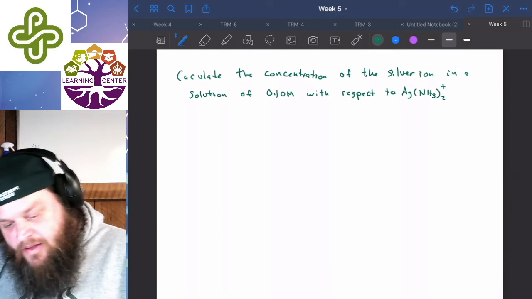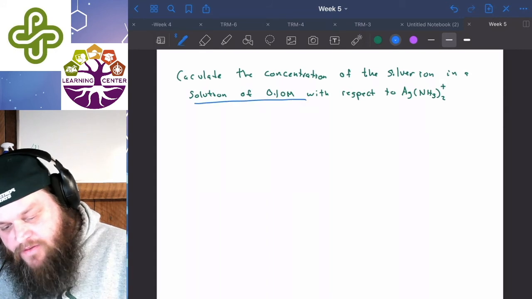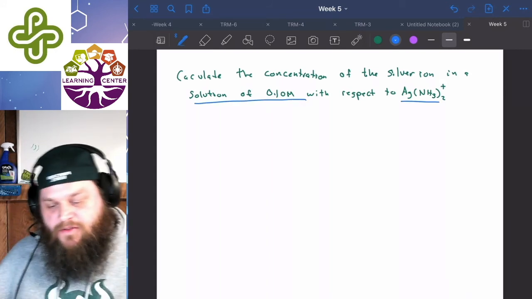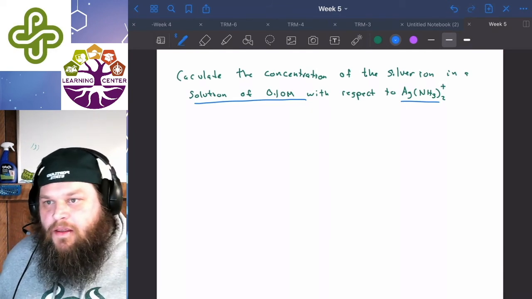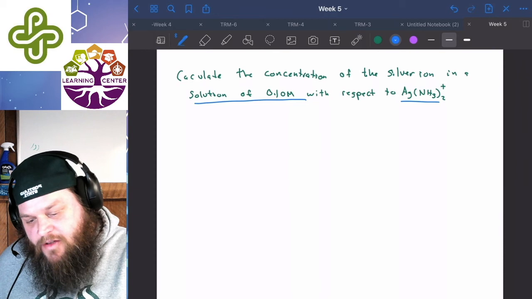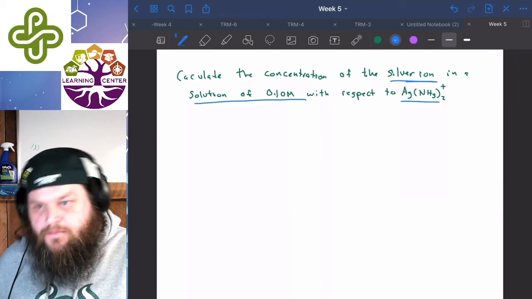So this is telling us the concentration of the solution, what that formation is going to be, and we need to calculate the concentration of the silver ion ultimately.